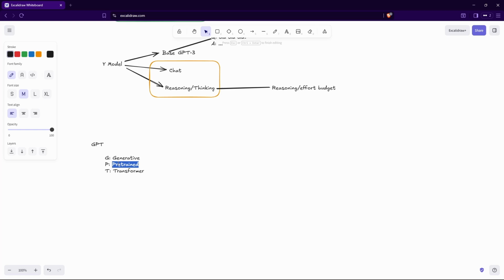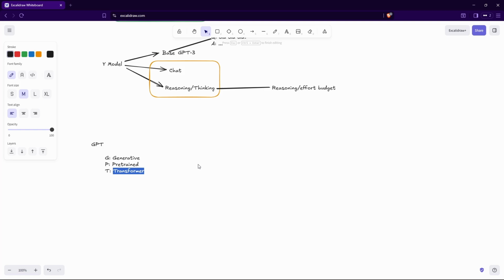So the LLM is trained on everything available that was generated until the 31st of December 2025. That's the pre-trained part. It trains with a lot of data from multiple sources. And then the transformer part is just the type of architecture that it has.